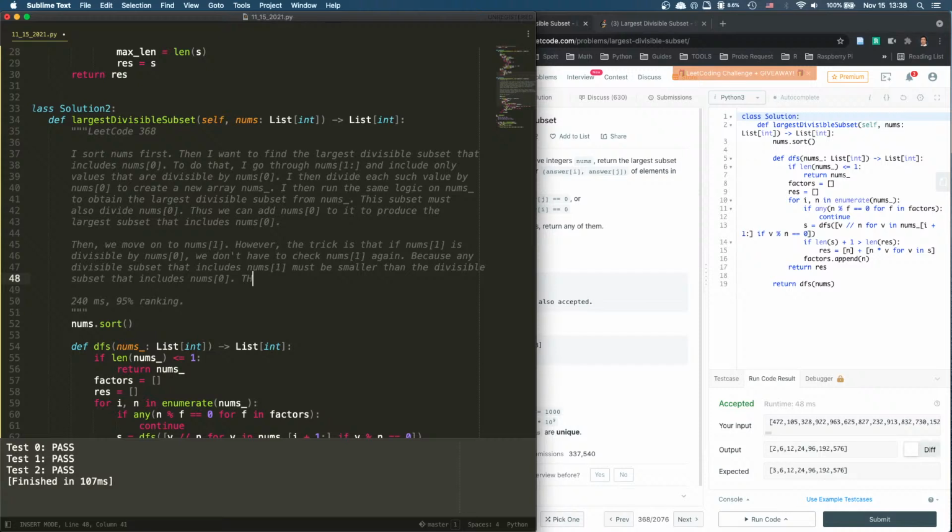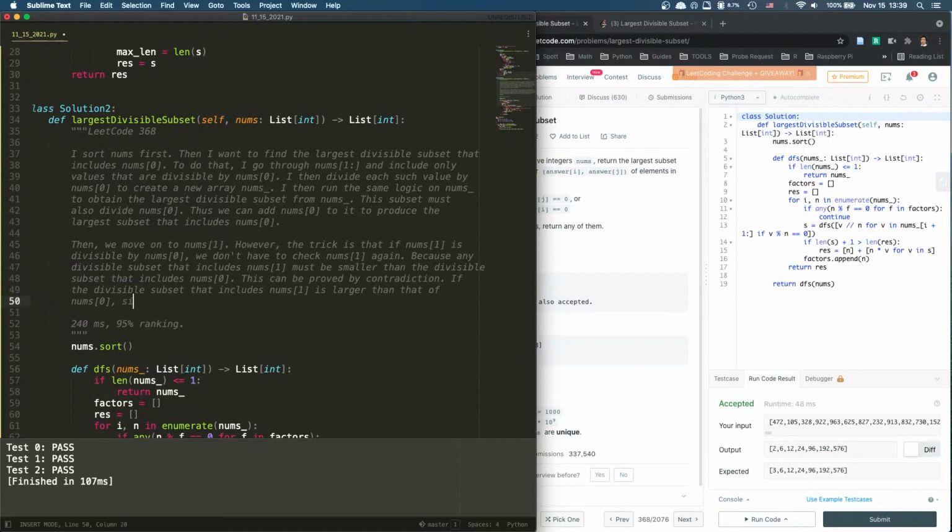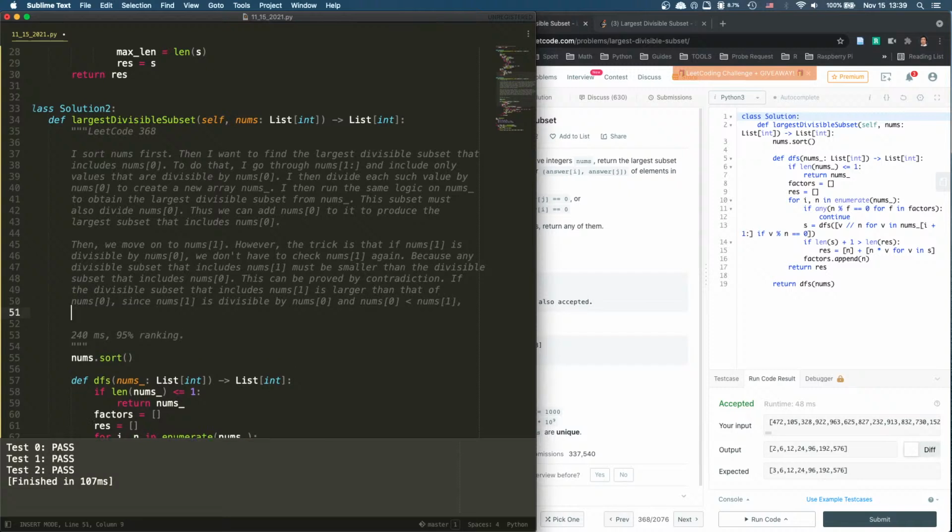This can be proved by contradiction. If the divisible subset that includes nums1 is larger than that of nums0, since nums1 is divisible by nums0 and nums0 is smaller than nums1, then nums0 can also be added to the divisible subset of nums1.